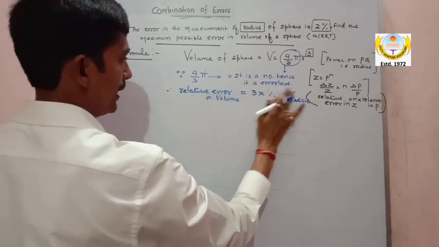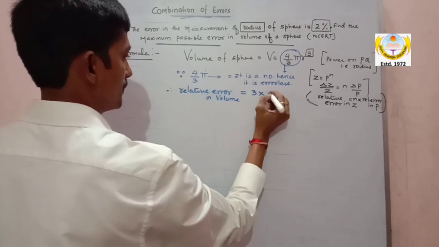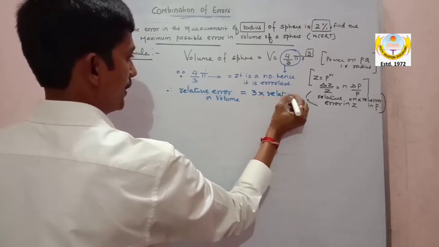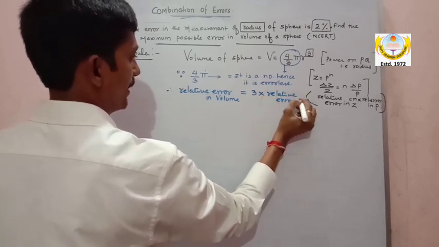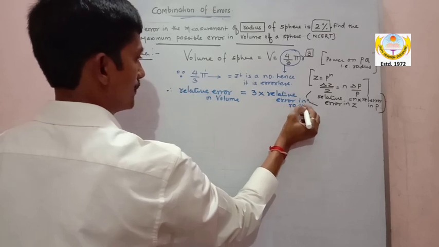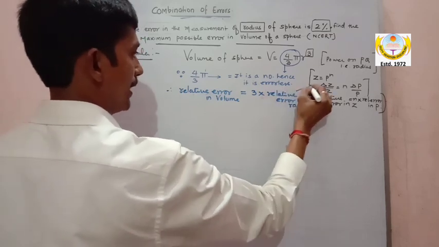That also I can write. Is equal to 3 into relative error in radius. Here is the formula.